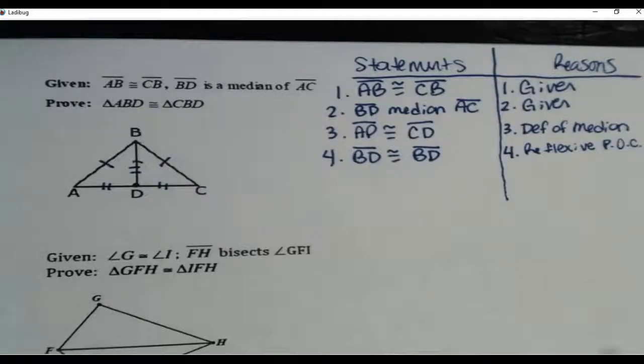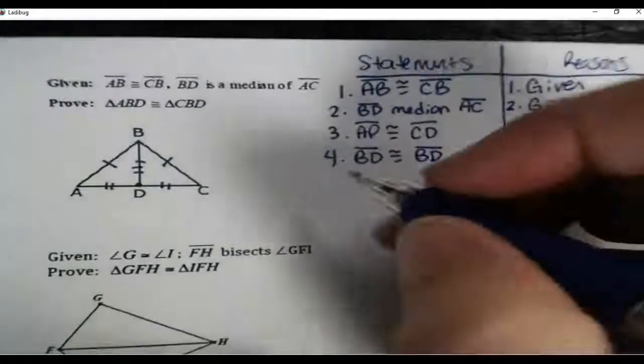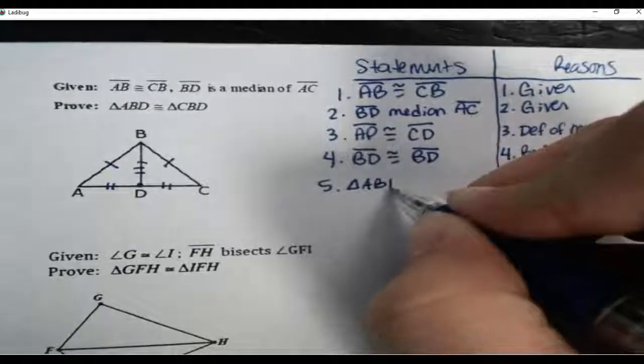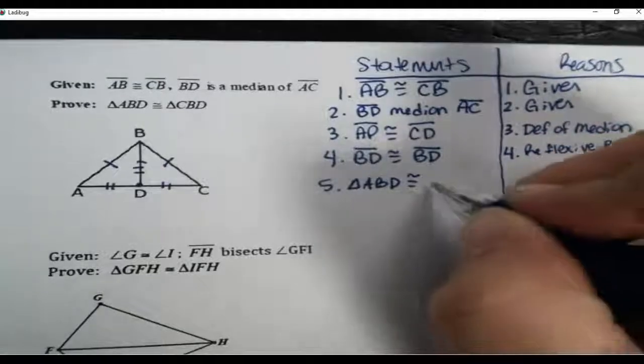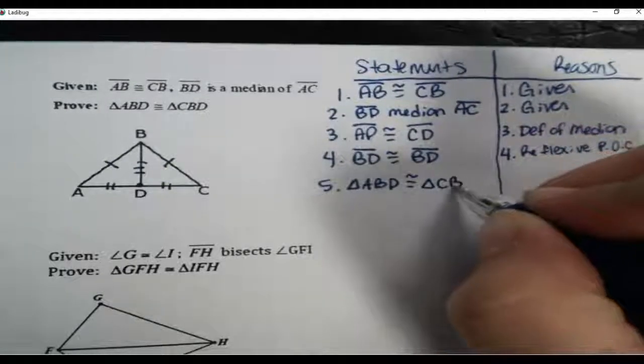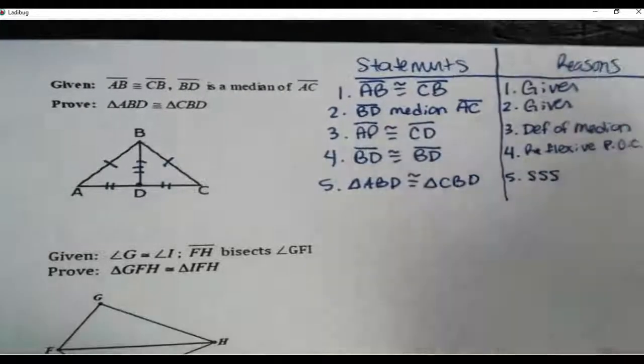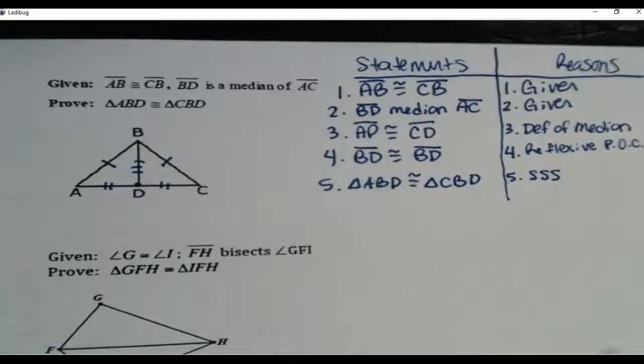Yes. By what theorem? Good. Side, side, side. So triangle ABD is congruent to triangle CBD by side, side, side. Questions?